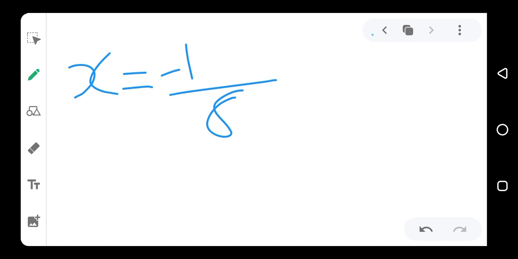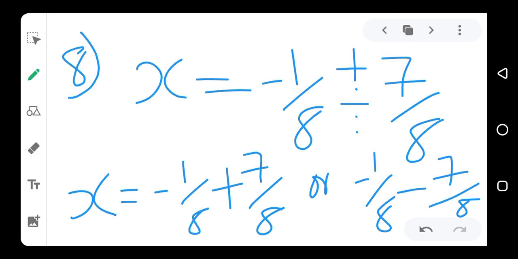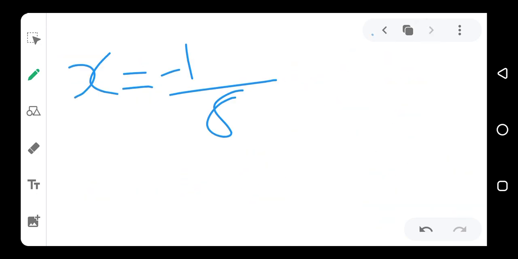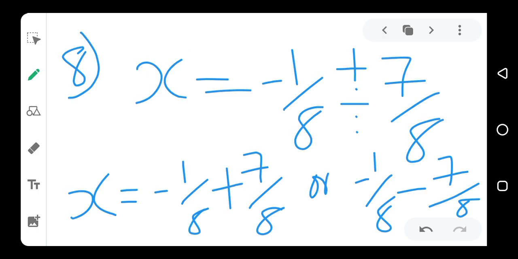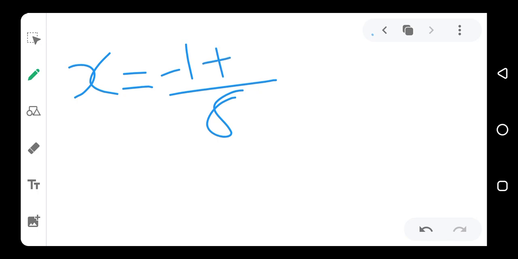Then 8 divided by 8 again is 1. 1 times 7 gives us 7. And what is separating them here is plus. It becomes plus 7.